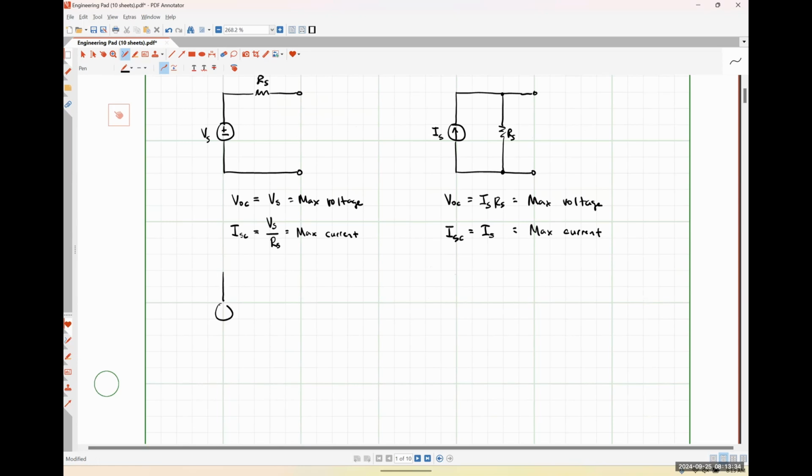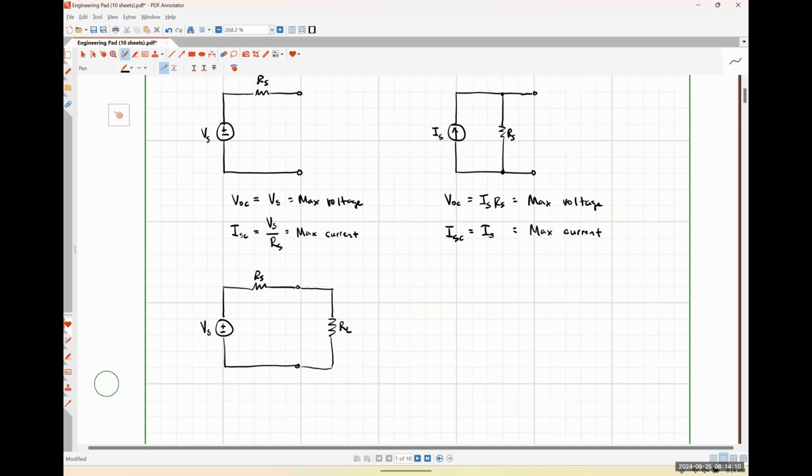Right here, I'm just redrawing my practical voltage source. Here's VS in series with RS. I'm just going to move this down a smidge because I don't like it butting into that. And I'm going to connect to my practical source some arbitrary load resistance, which I'm just going to call RL.